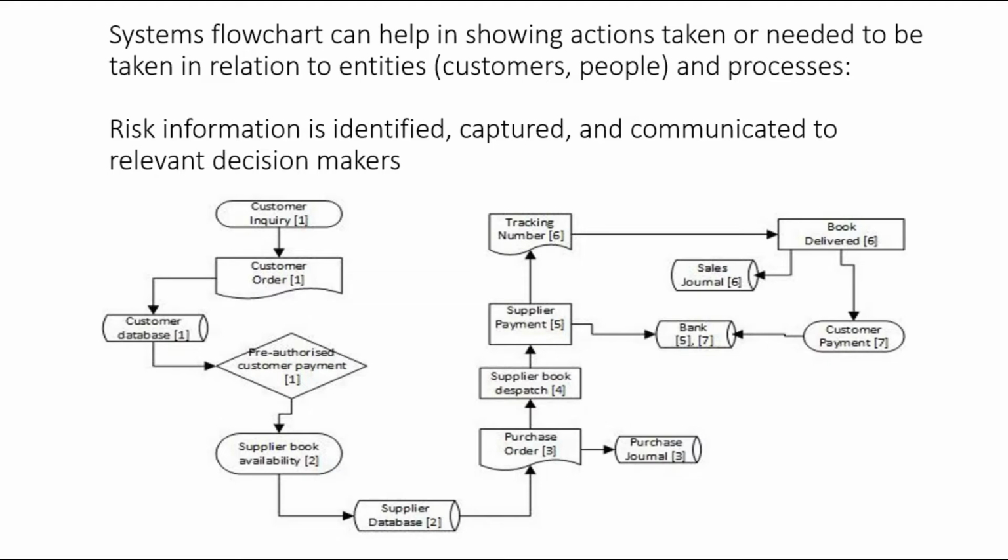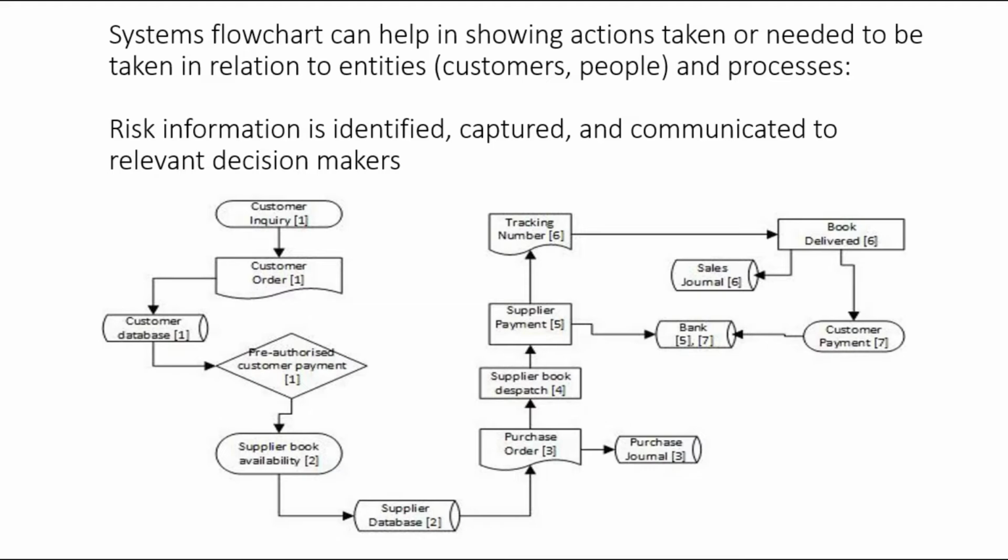The systems flowchart can help in showing actions to be taken related to the risk that originates, and these risks could be embedded in the events and processes. When risk information is identified and captured, it can be communicated to relevant decision makers. If we take, for example, a tracking number, if there's some issue of malfunctioning of the tracking number, we know that the tracking number would impact the deliveries and could also impact the supplier payments.